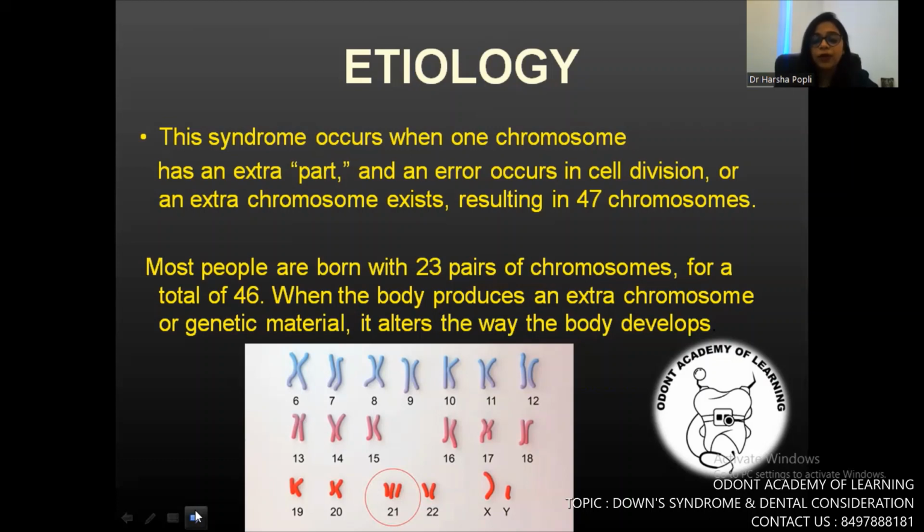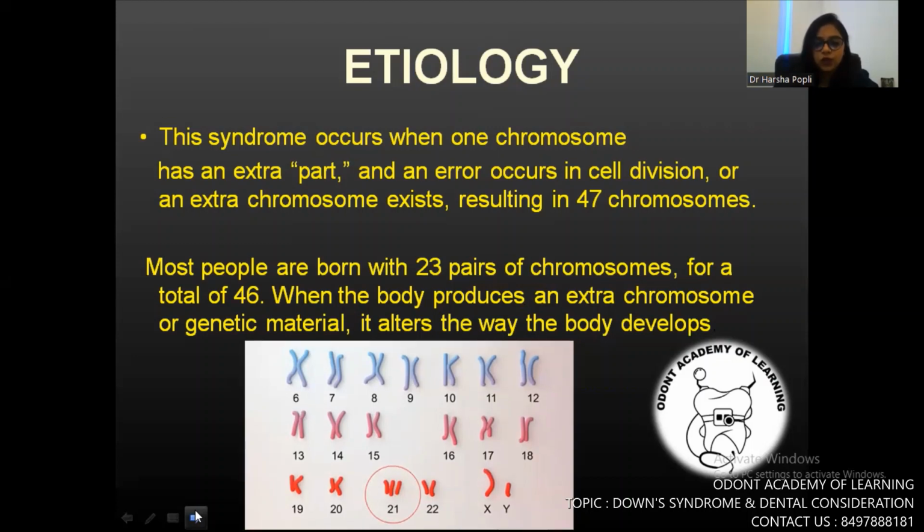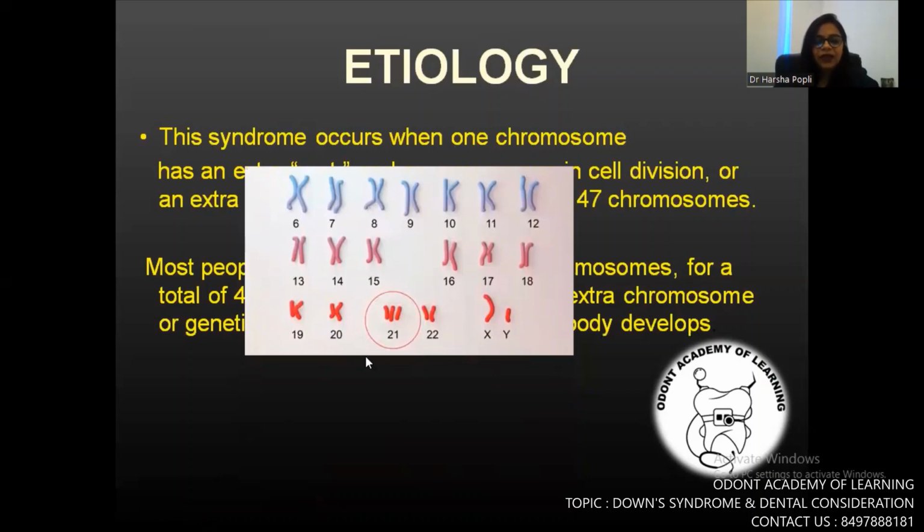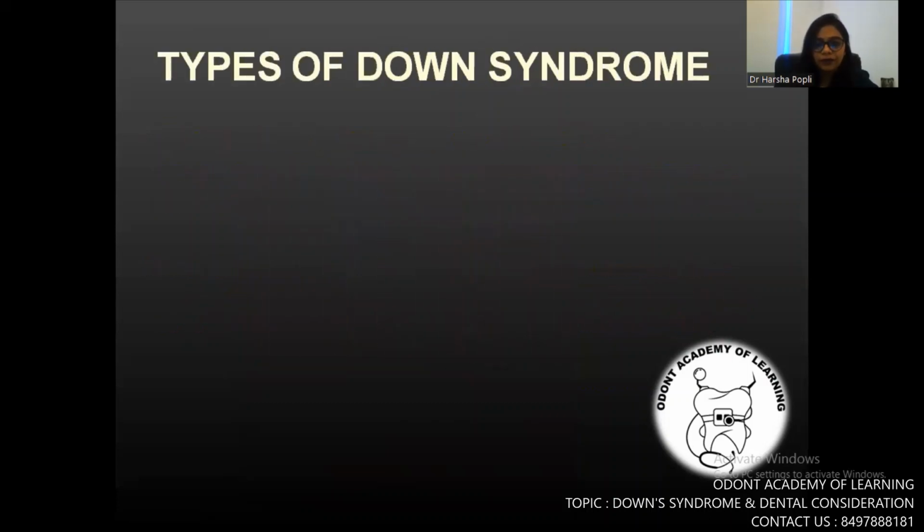But when the body produces an extra chromosome or extra genetic material, it alters the body and its action. Here you can see at chromosome 21, there is a third chromosome. So it is also called trisomy 21.